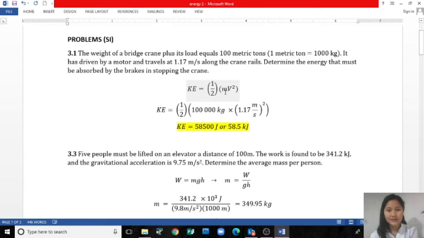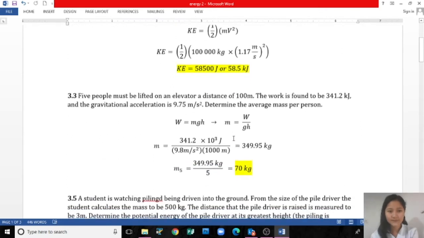And for the mass, since it is 100 metric tons and 1 metric ton is equal to 1000 kilograms, then 100 times 1000 is equal to 100,000 kilograms. So performing the operations, the kinetic energy therefore, or the energy needed to be absorbed by the brakes, is equal to 58,500 joules or 58.5 kilojoules.